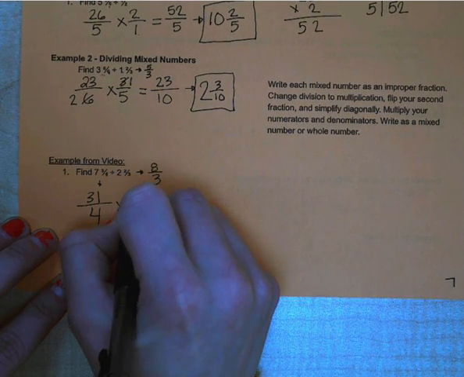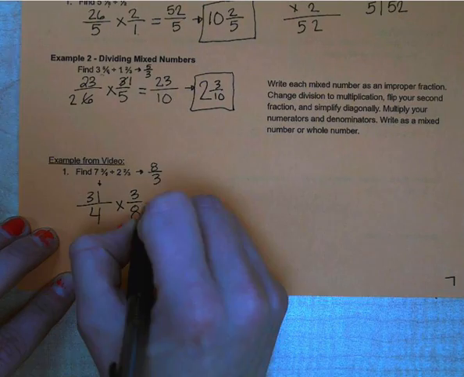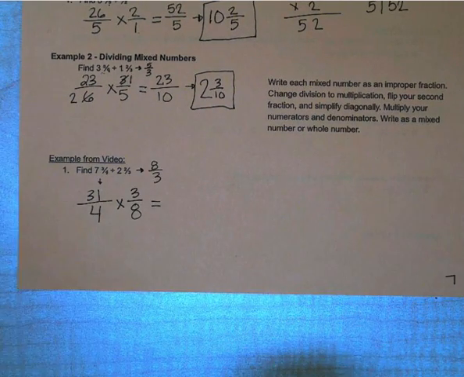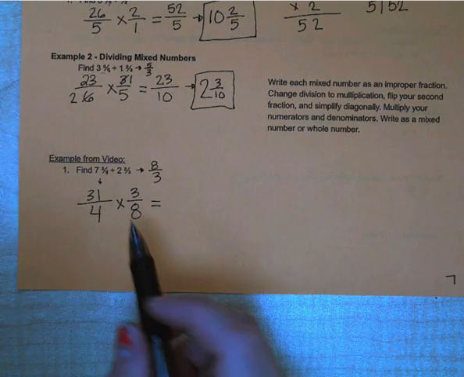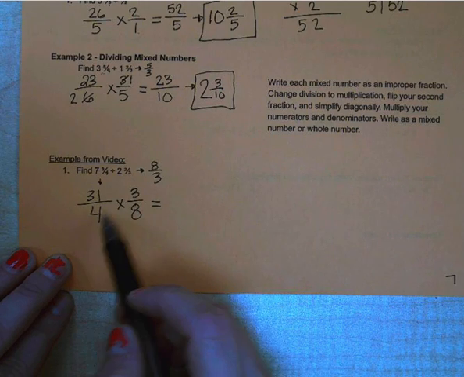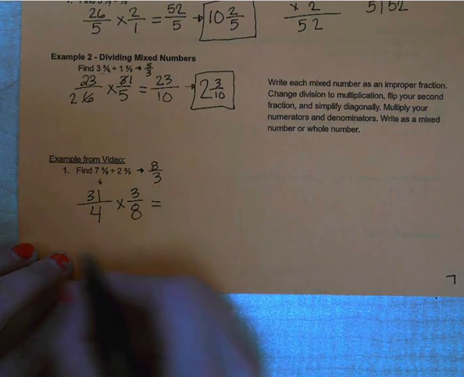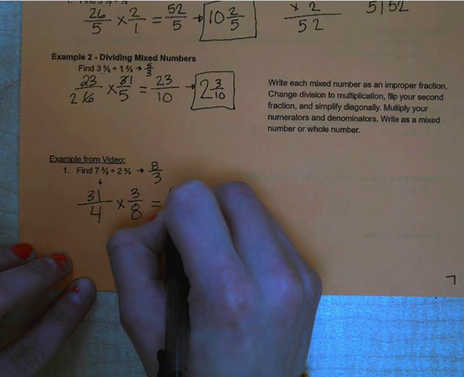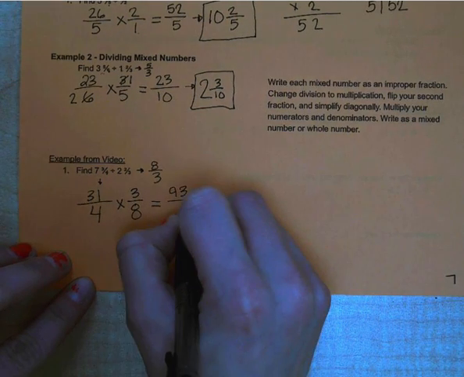So times 3/8 equals. Okay, look diagonally to see if you can simplify. 31 and 8, those do not simplify, and 4 and 3 do not simplify. So we're going to have to multiply straight across. 31 times 3 is 93, and 4 times 8 is 32.